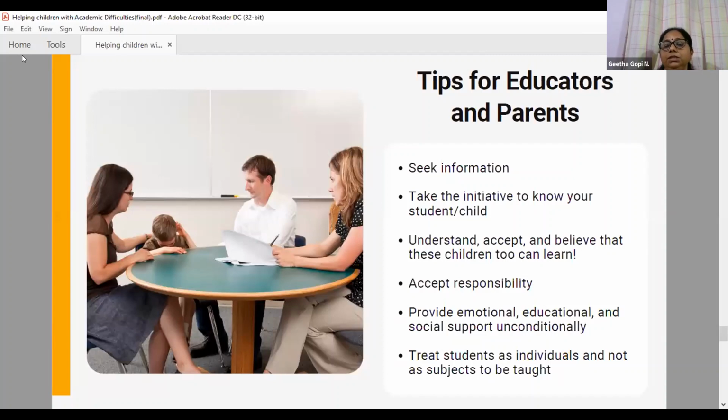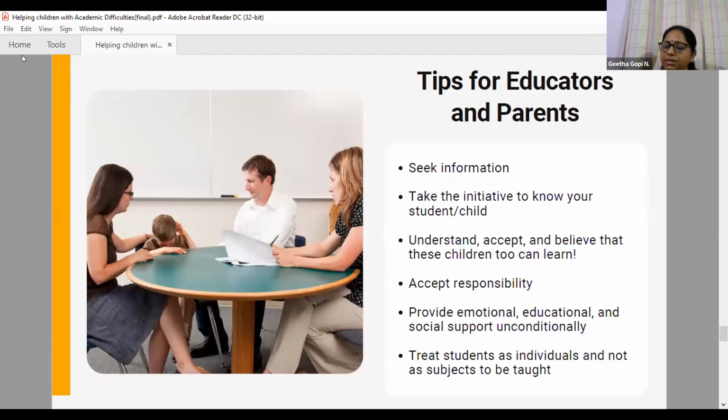Accepting responsibility, again, not just on the part of educators but also on the part of parents. Accepting a joint responsibility towards improving the child, and towards contributing towards the child's better development, skill development. Providing emotional, educational, and social support unconditionally.